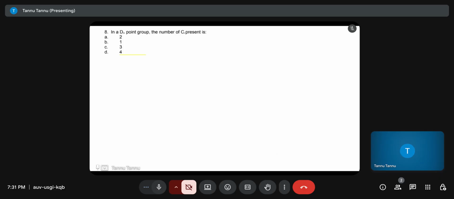Next question is, in a D2h point group, the number of C2 present is.